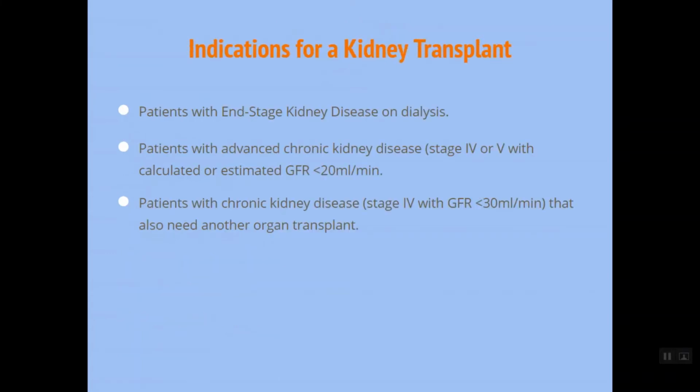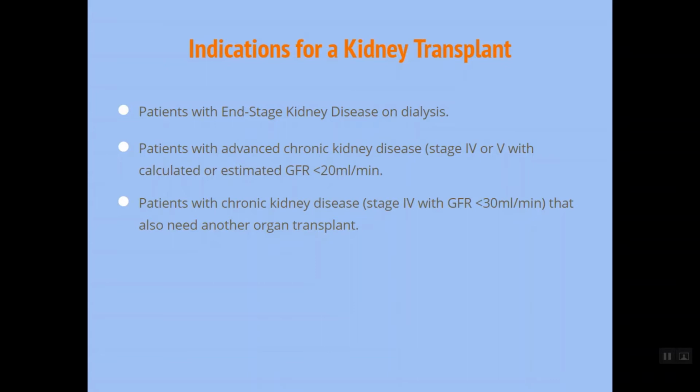So indications for a kidney transplant are going to be patients with end-stage renal disease on dialysis. The patient could also have advanced chronic kidney disease, either stage 4 or stage 5, with a calculated or estimated GFR of less than 20 mLs per minute.